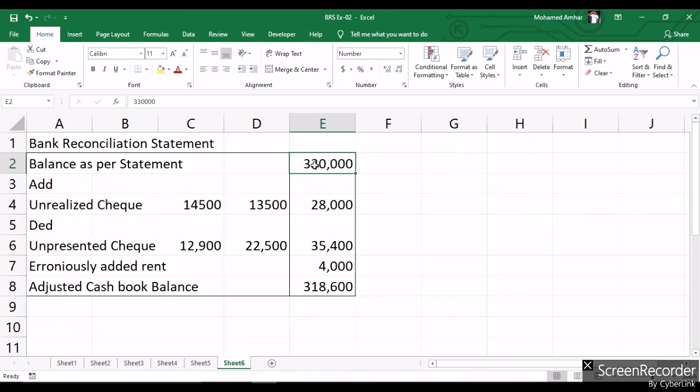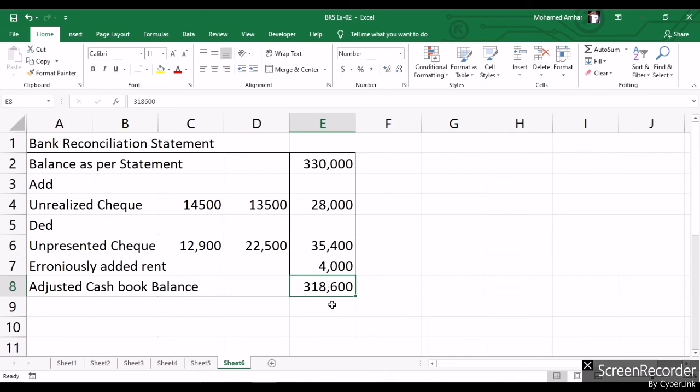If the checks are realized, the statement balance should increase, because in the cash book it is already added. So here more, here less, so you have to add these two unrealized checks to get the cash book balance.